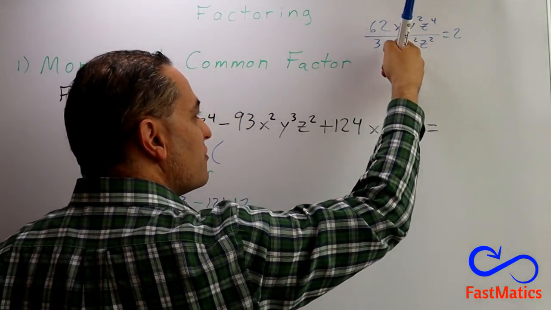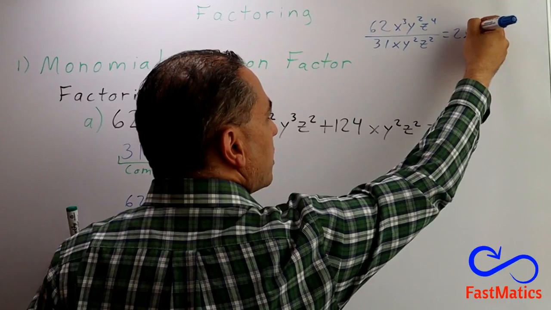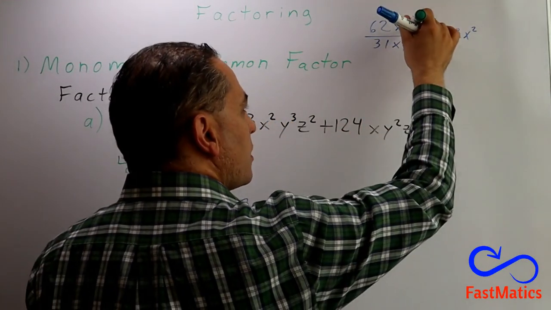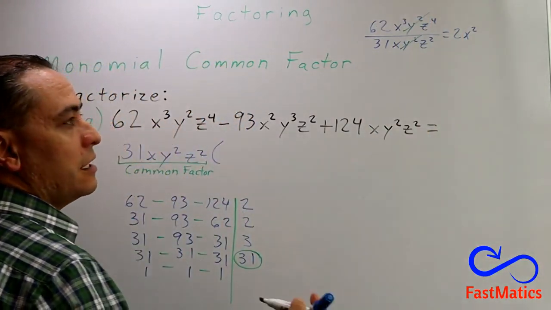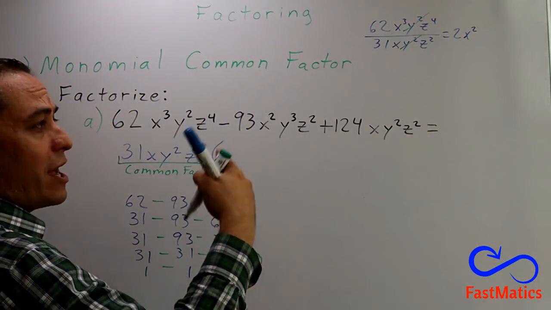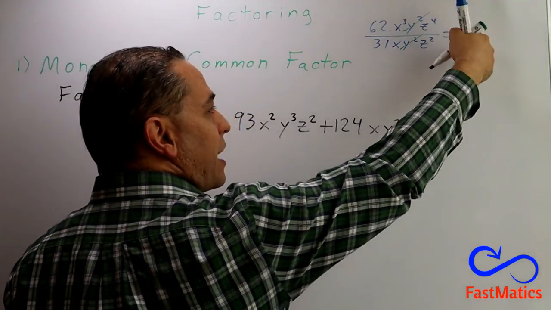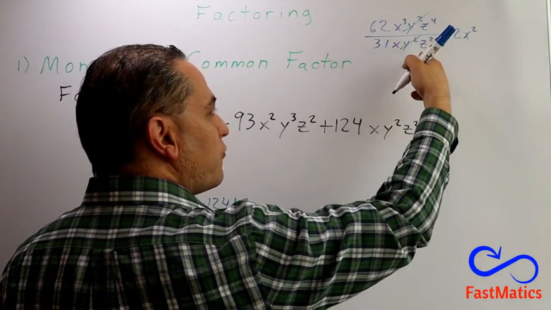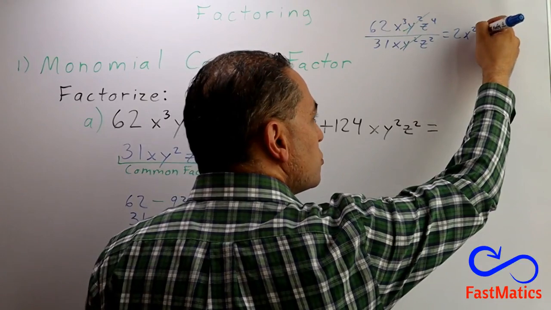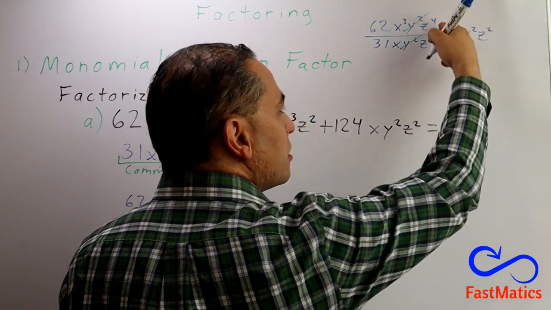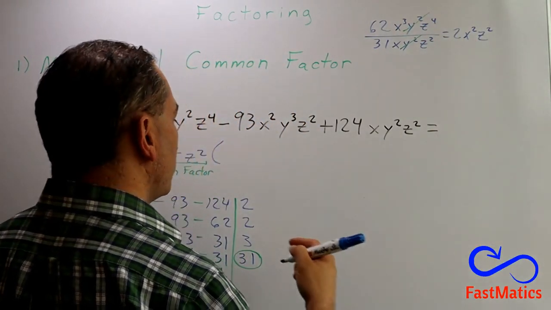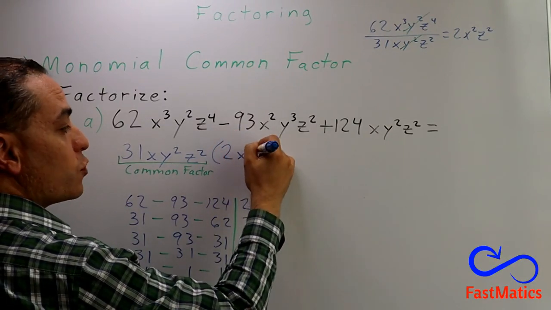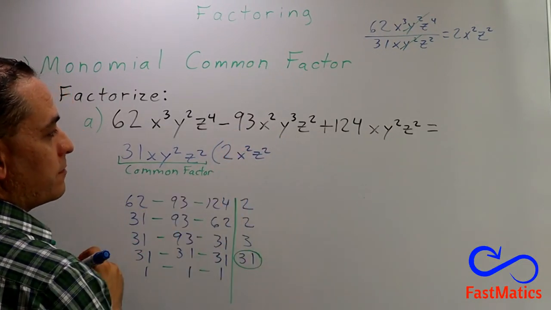X cubed divided by x, x squared, because you subtract the exponents. Y squared divided by y squared is 1, but you are not going to write it because it is multiplied by this expression. And z to the power of 4 divided by z squared, z squared, because you subtract the exponents. So here you are going to write 2x squared z squared.